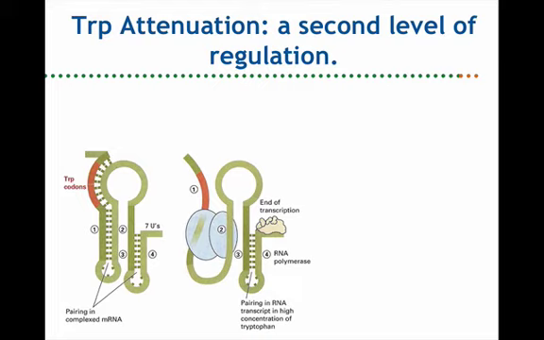So look, I'm going to show you this a couple of different ways. These orange parts are TRP codons. Those orange parts are calling for TRP tRNA. So when a ribosome begins to translate, it's going to ask for TRP tRNA. And look at this.